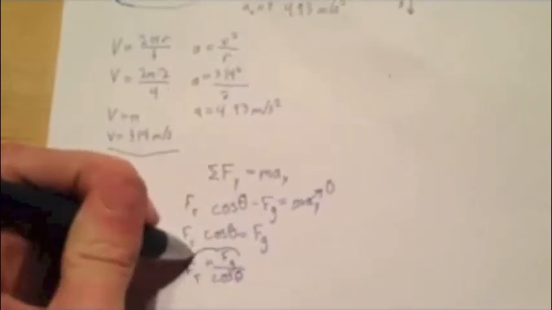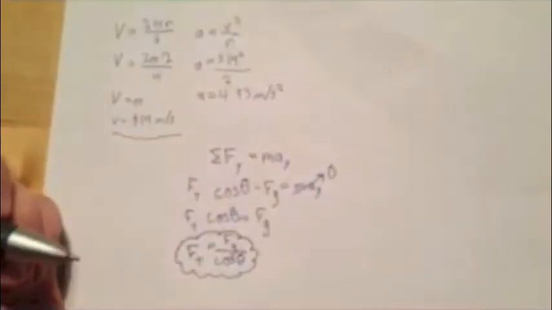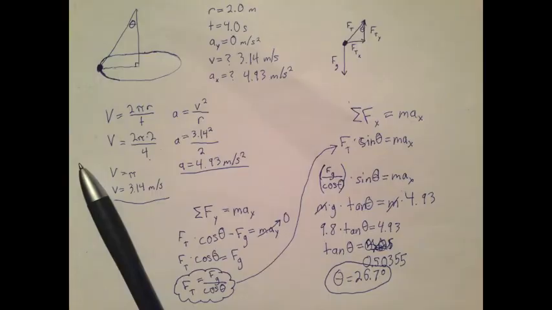Now we can use this in our x component equation. And so, now we set up our x component. From our free body diagram, we can infer that the x component of tension is equal to m a_x. And the x component of tension is equal to force of tension times sine of theta, which is equal to m a_x.